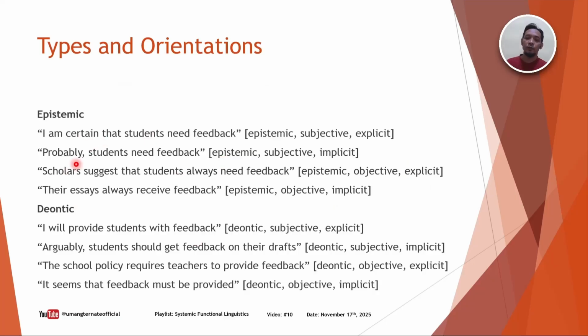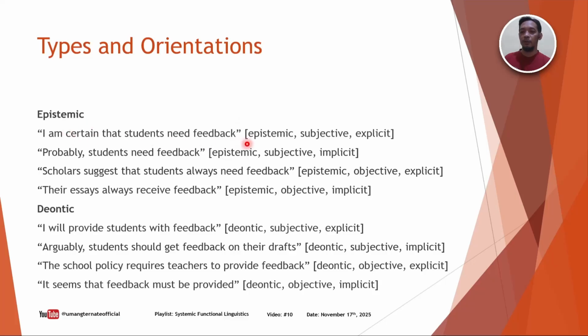In these examples we are presented with clauses in which the types and the orientations are combined together. Like, "I am certain that students need feedback." This is an epistemic modality, subjective and explicit. Why? The first one is about the type of the modality.